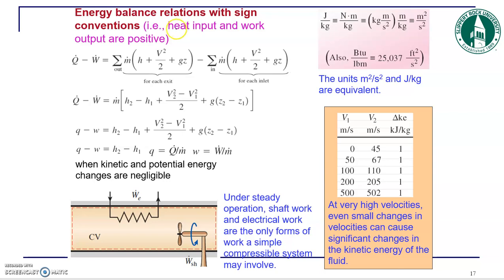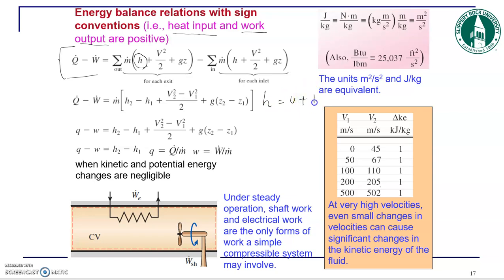And please notice the sign convention. Heat input is considered to be positive, work output is considered to be positive in this equation. So Q minus W is equal to sigma, this is the total mass transfer. For an open system, if you remember, you have the enthalpy instead of the internal energy in your equation, and that is due to the fact that we have an extra work, which is the fluid work.